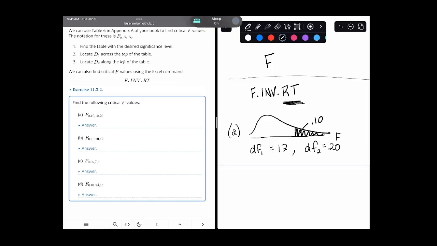And the order does matter here. And so to find that critical F value, we would do f.inv.rt of that alpha, and then we would plug in our degrees of freedom, the first one, and then the second one. And that's how we would get that F value. So feel free to try that with these other problems here.